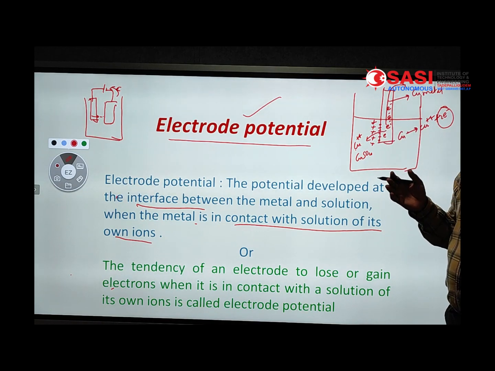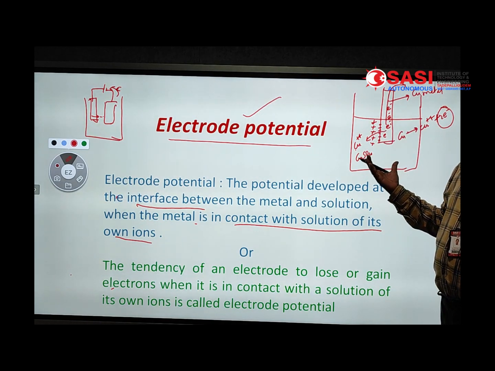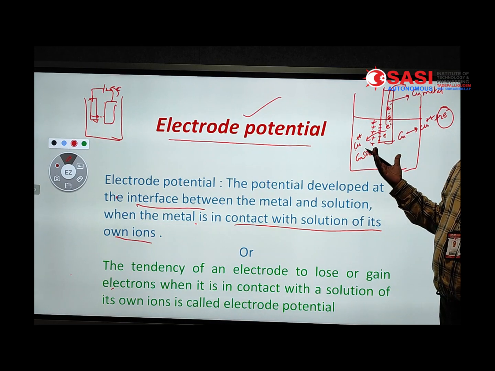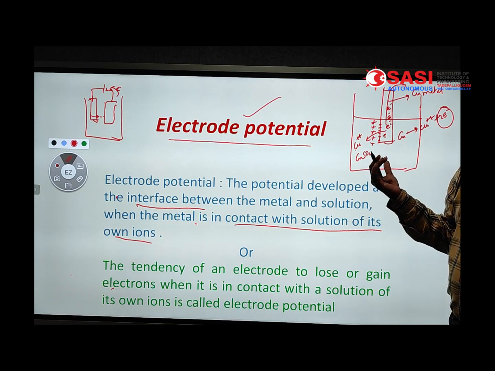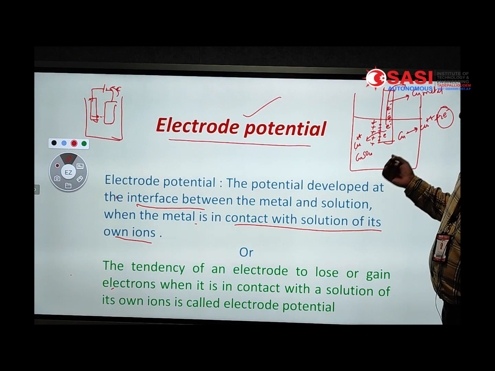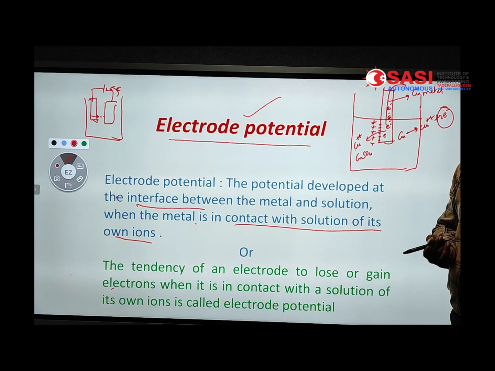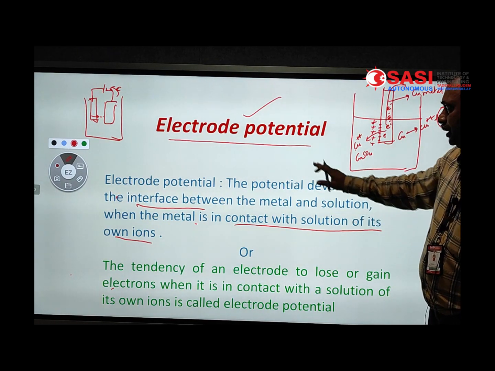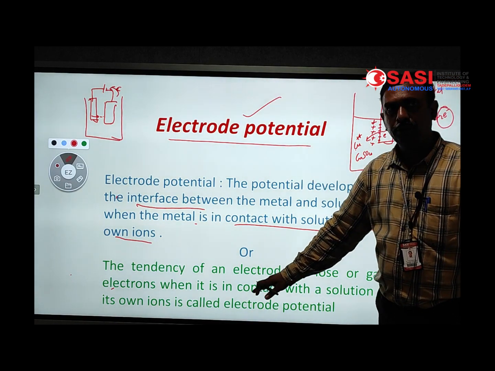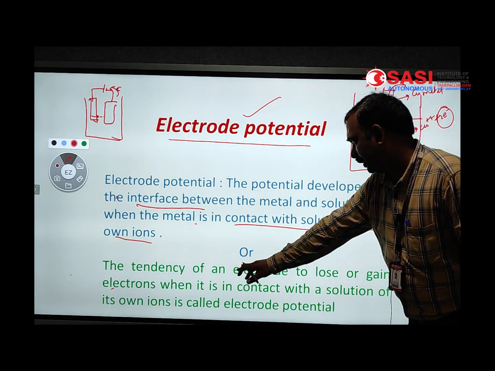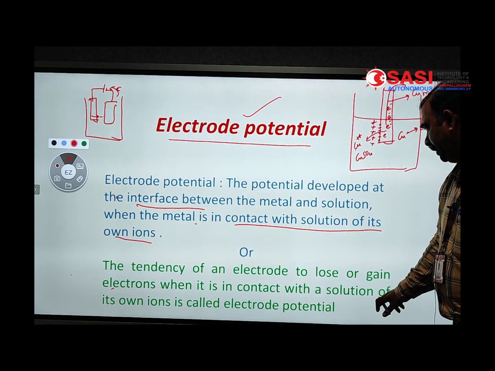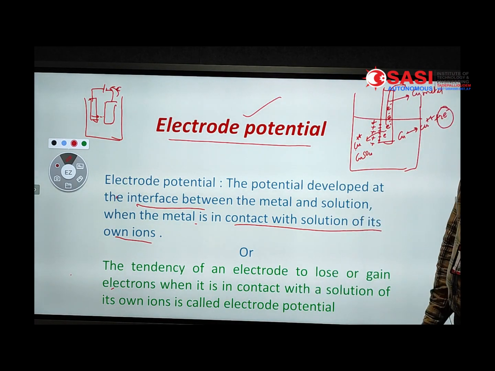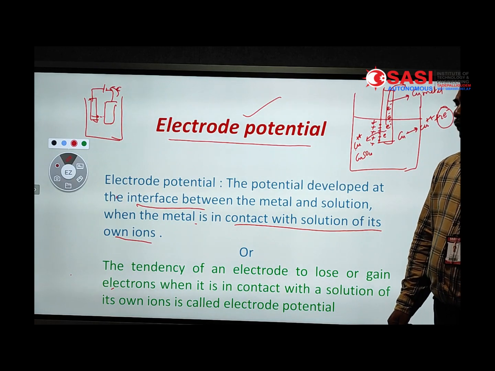If you place it like that, the solution will become warmer due to the reaction, and ultimately you don't get a potential. The potential will be zero. In this way, we determine the electrode potential. Another definition: it is the tendency of an electrode to lose or gain electrons when it is in contact with its own ion solution. It is also called electrode potential.